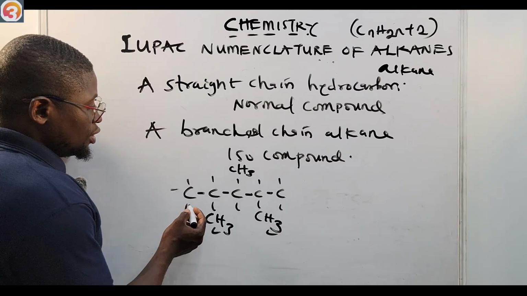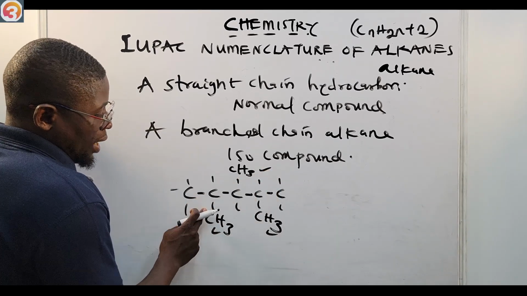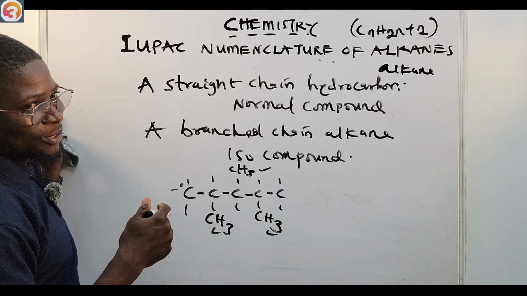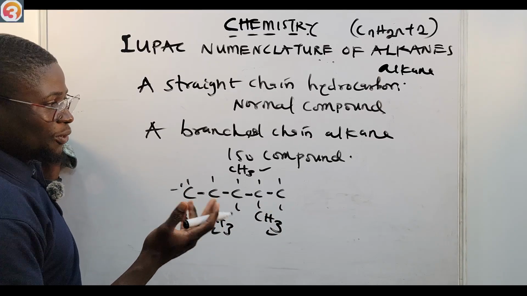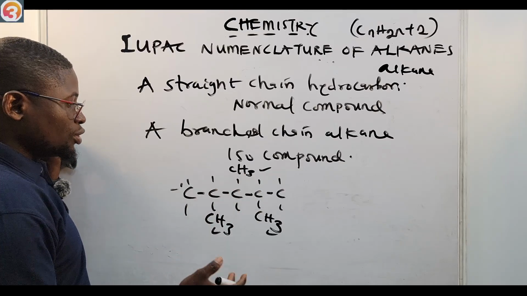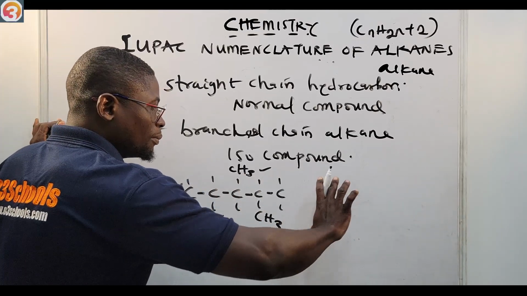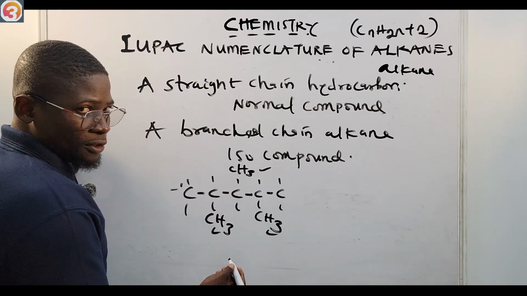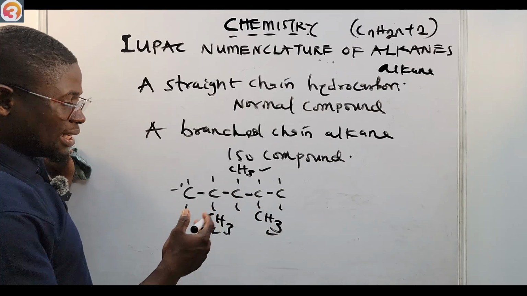If you number it, 1, 2, 3, 4, 5, I'm just trying to make you understand what I mean by a branched chain alkane. So instead of having that long chain, we can break those groups and then have methyl groups. Let us not waste our time on this.